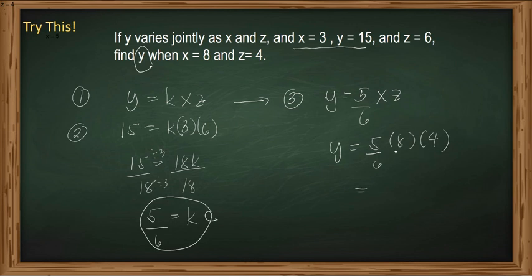Now take note that all whole numbers have an understood denominator of 1. So we have 5 times 8 times 4 is equal to 160. Divided by 6, we have 80 over 3 or 26.67. Okay, very easy.